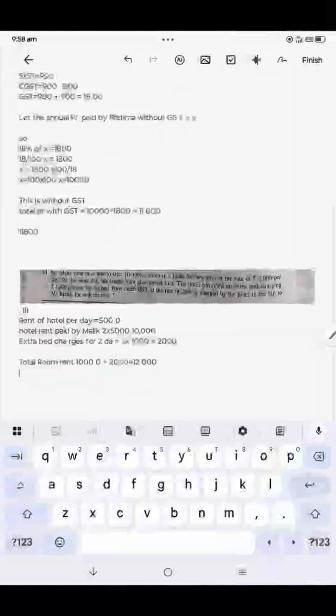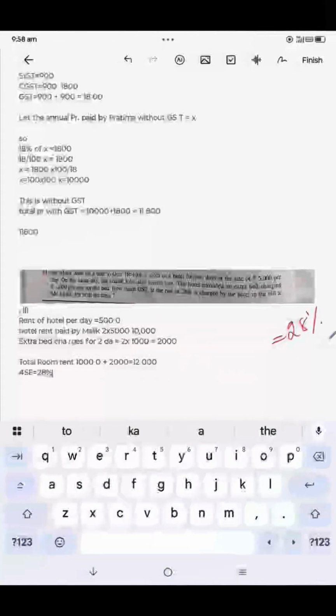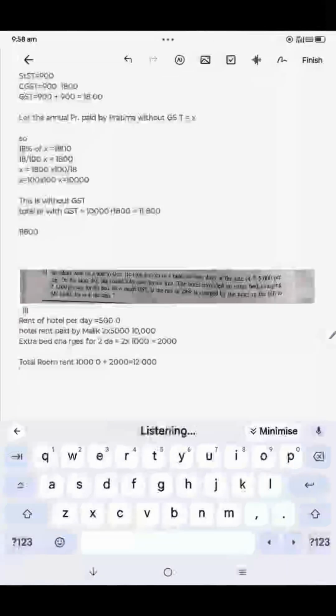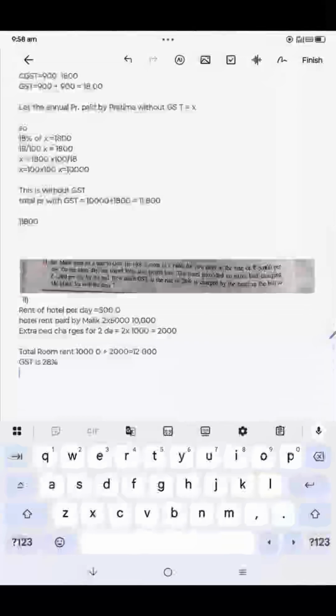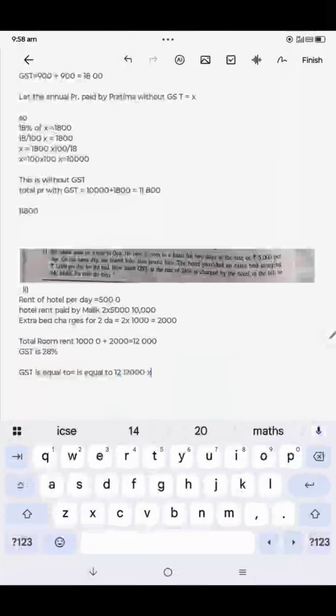Now what are they asking? They are asking GST, and GST is 28%. So how much GST is charged on the room? We have to find the GST on 12,000.